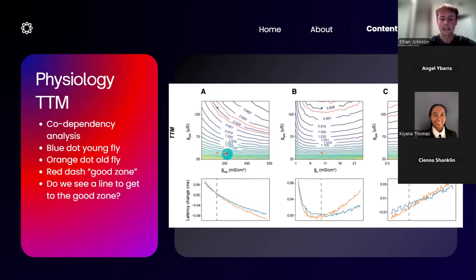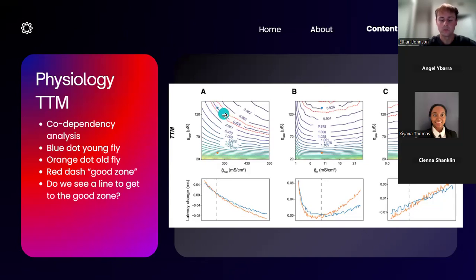Now, what these lines mean are, can we move along one of these lines to get up to these young fruit flies?